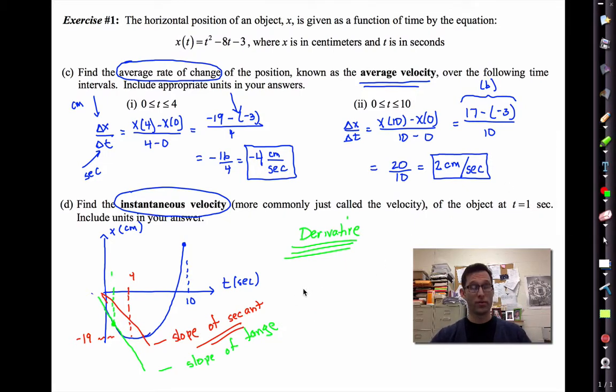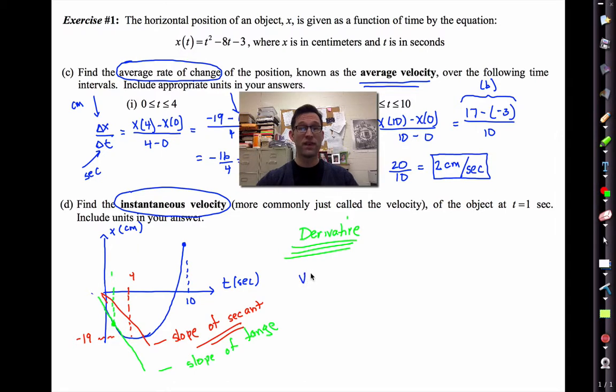So we're going to call that v of t, and v of t is the derivative of the position. That's very simple here: 2t minus 8. If I want the velocity at 1, it's simple enough to just substitute in, and I get -6.